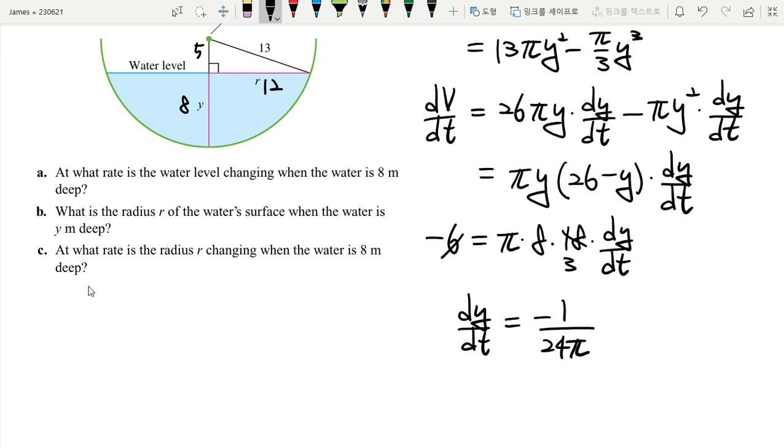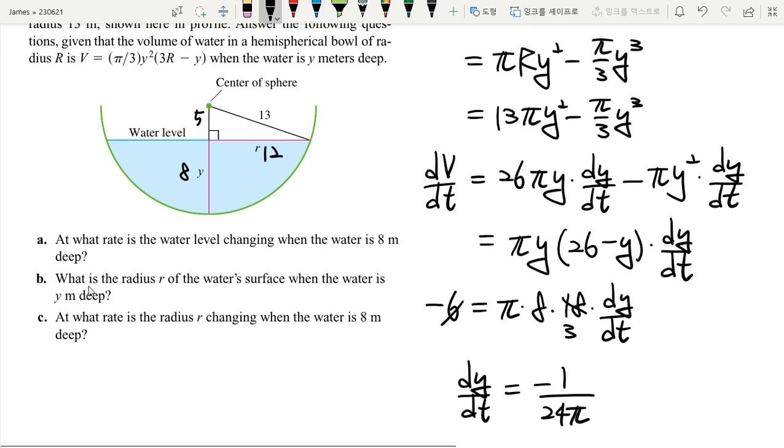And for problem B, if we want to find the radius, if we generalize the process, this is 13 minus y.